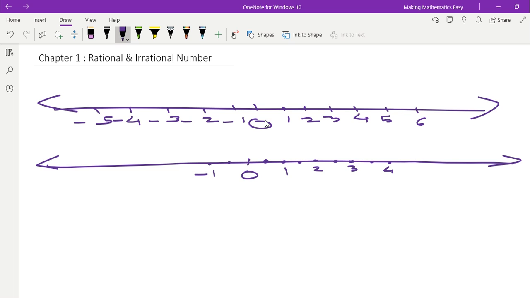There will be one gap, this will be number 1, this will be number 2, there is one dot over here, this will be number 3.